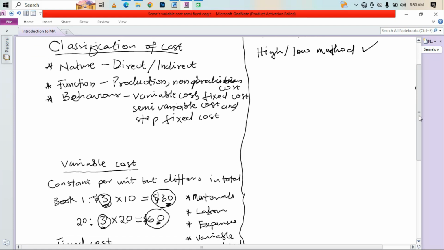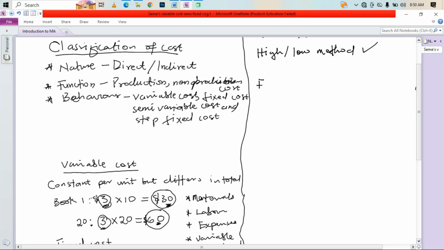Now when it comes to step fixed cost, a step fixed cost depends on activity level. Even though we say fixed cost is constant in total, the step fixed cost depends on how the activity level is going. For example, when we are producing from 0 to 5,000 units and we need a warehouse to store these units, and the warehouse is costing us $10,000.